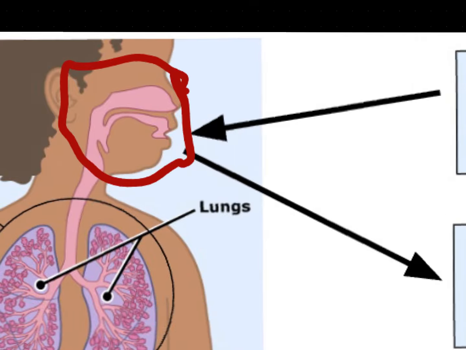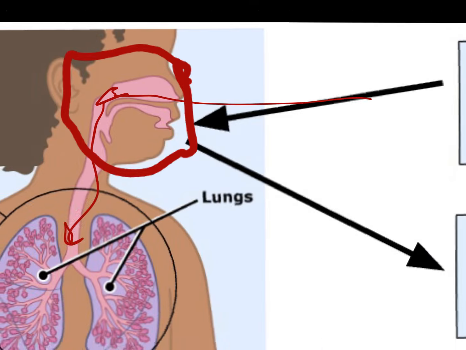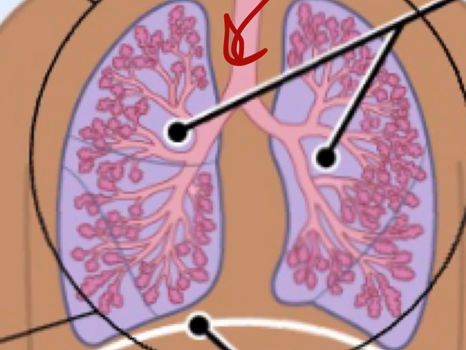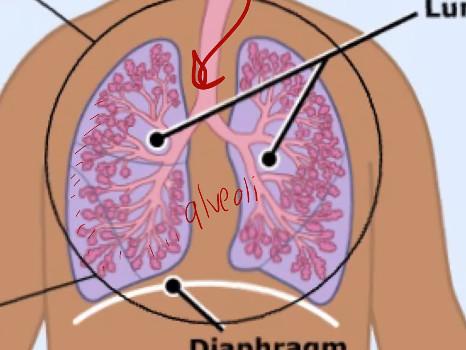That oxygen travels into our body here, down into our lungs, and really similar to those little pieces in the intestines, there are little pieces all over our lungs called alveoli that absorb that oxygen and send it around our body.